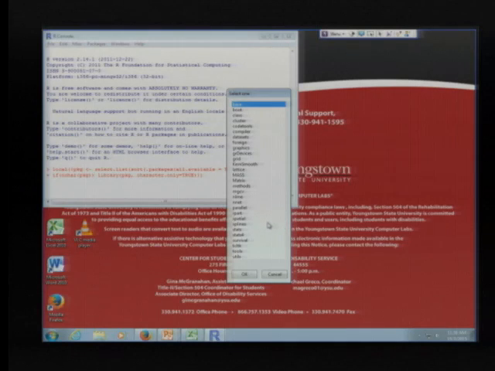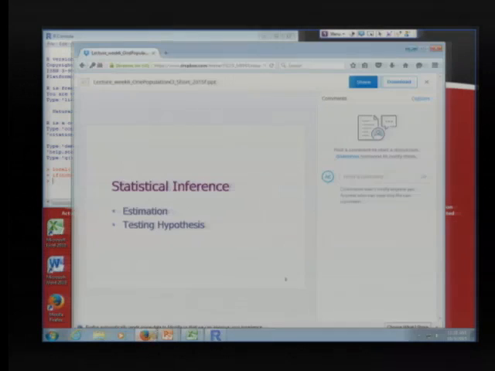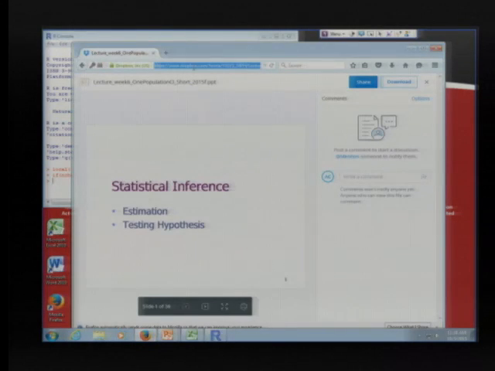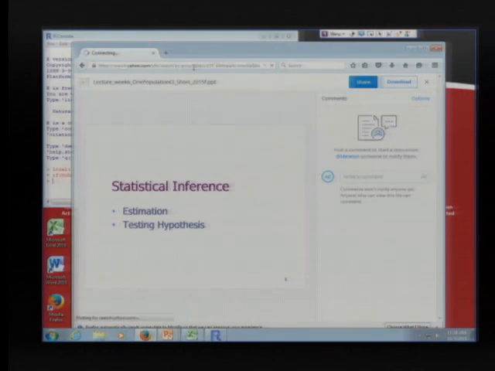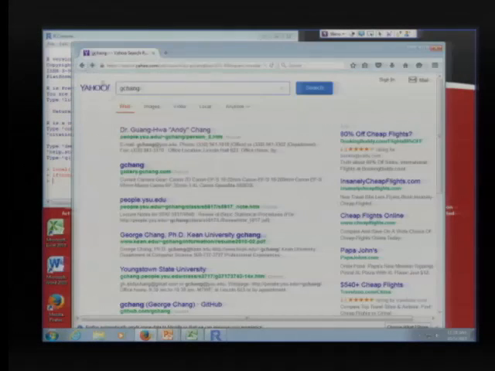Oh, actually, it doesn't even have R Commander. Huh. Oh, my God. How come? Okay, let me do this. Let me try to download a version from my website. Oh, wow. Whoops, that's the wrong one. Huh?